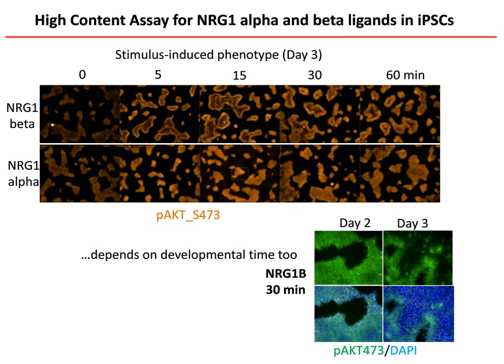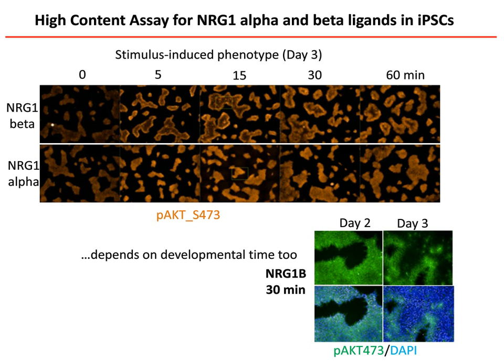In contrast, below, the neuregulin 1 alpha shows elevated signal through time, and you're seeing a short time course. It's sort of 0, 5, 15, 30, and 60 minutes. But there's an elevation across the colony, so there's no dimensionality in the response with respect to the colony with neuregulin 1 alpha.